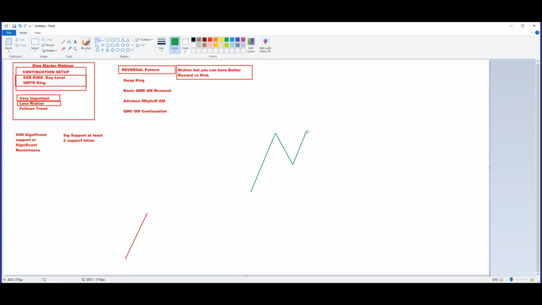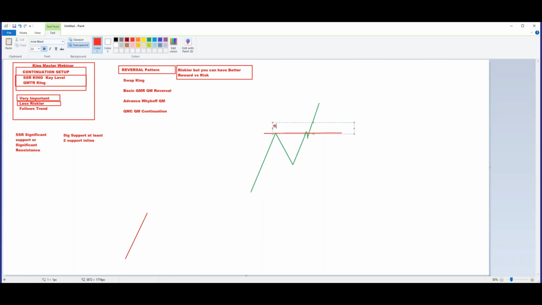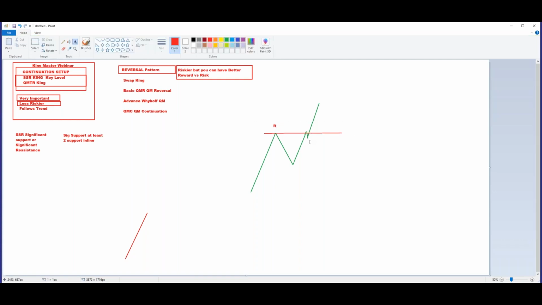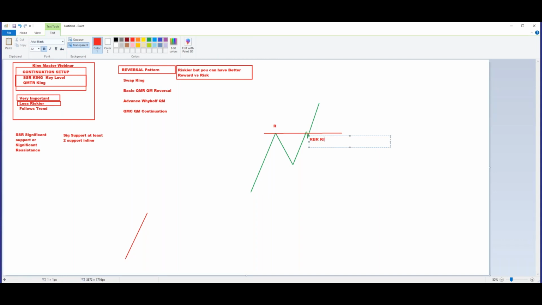Usually we will find a rally base rally over here before the price continues to rise. Let's suppose that we have a resistance over here, and then we have a king buy. This is your resistance, and then this is your rally base rally or king buy.